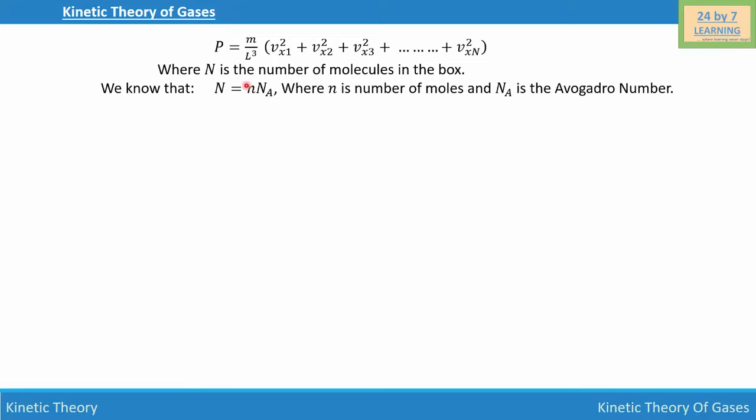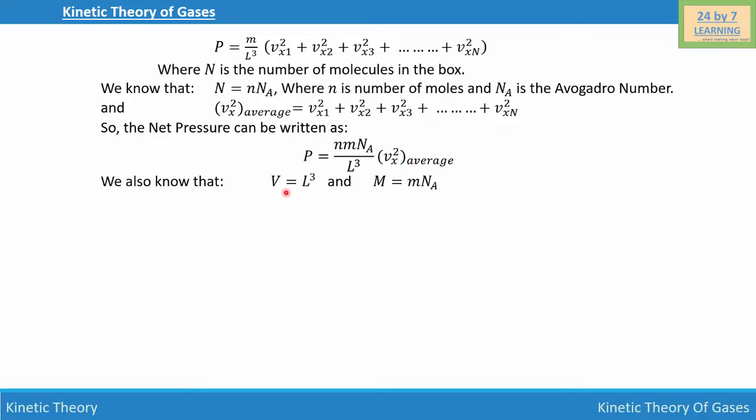Now let's find the net pressure. In place of N we write n times Avogadro number, and in place of the velocity term we write vx square average. So the net pressure can be written as P equals n m NA over L cube times vx square average.